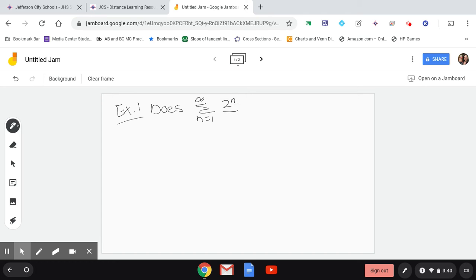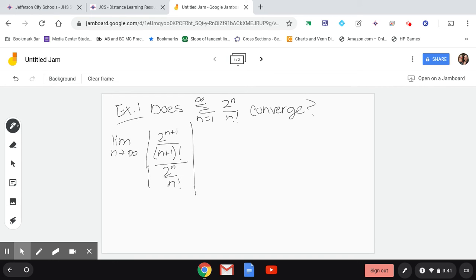So very similar to that first kind of format that I wrote. Okay, so we would just start off by setting up our limit. So the limit as n approaches infinity. So the a sub n plus 1 term would be 2 to the n plus 1 over n plus 1 factorial divided by 2 to the n over n factorial.